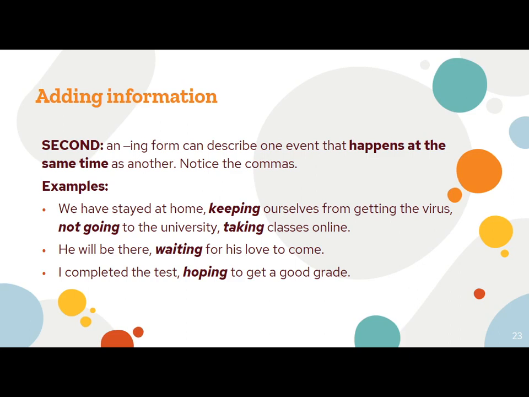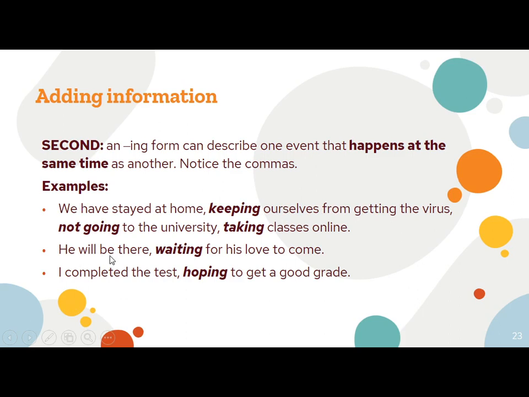So this is the first sentence, but then we're going to add some more information happening at the same time, and because you're talking about the same person, we keep, we don't go, we take. So because we have the same person, we continue adding more information by just using -ing.